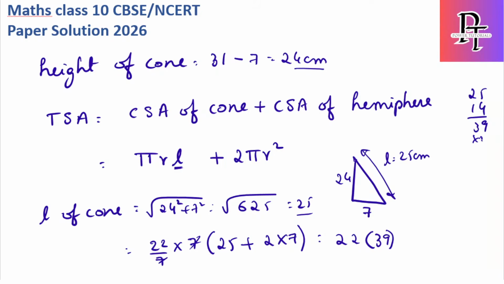Let's multiply it. 2 9s are 18, 1, 2 9s are 18, 1, 2, 3, 6, 7.